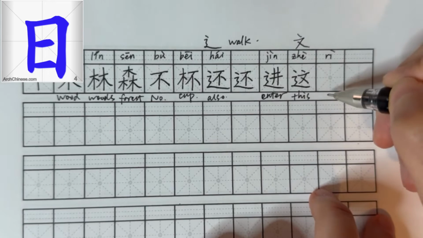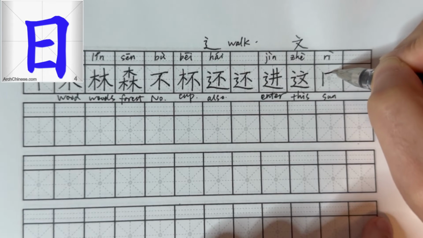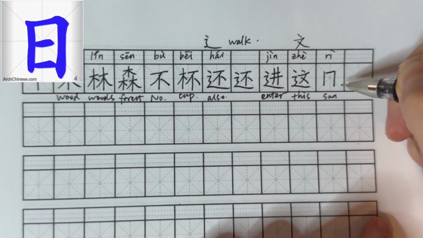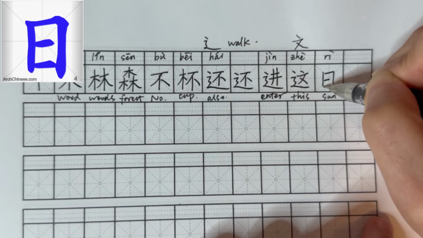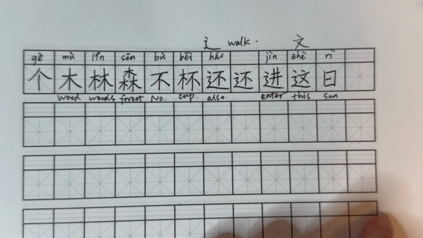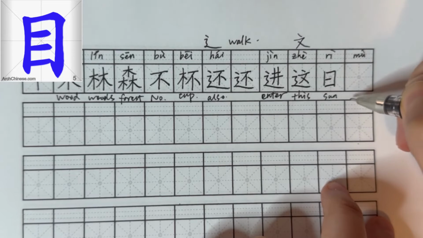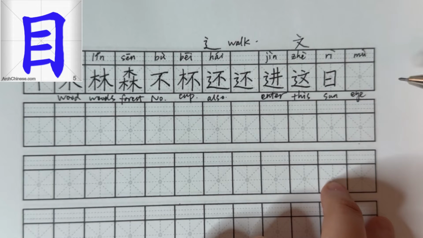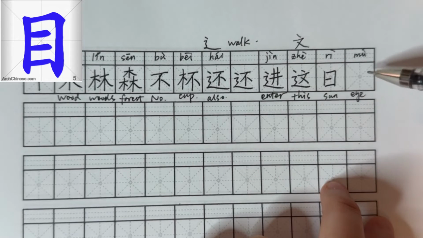This means this. 这. Next character, easy one. 日 means sun. 竖横折. Before we close it, we write whatever is inside. 横横. Okay? Next character, 目 means eye. This character also can be used as a radical on the left-hand side. So characters with this radical are associated with eyes. Take a look at the model. This character has two 横s inside.